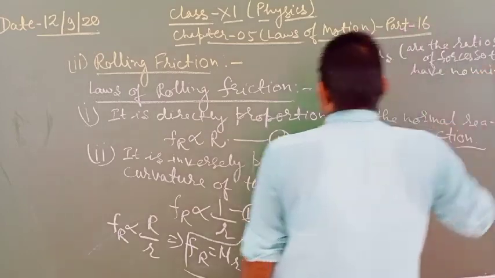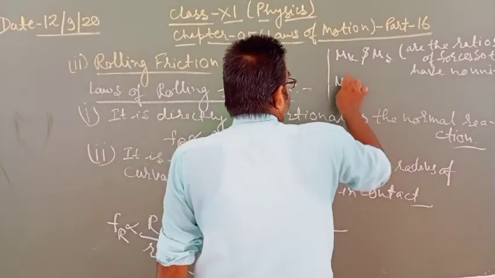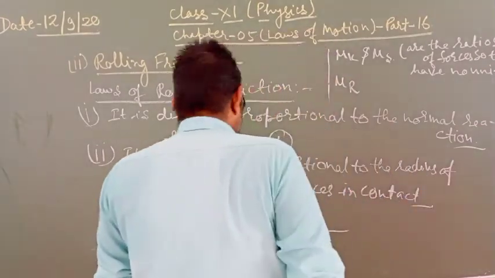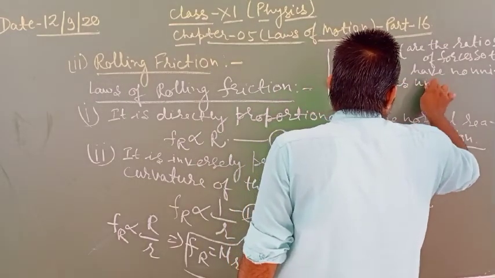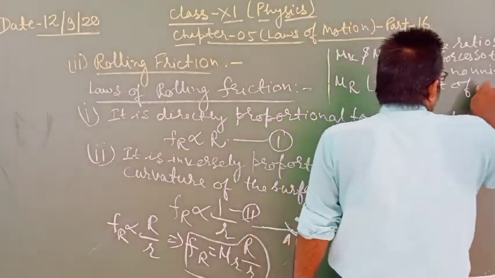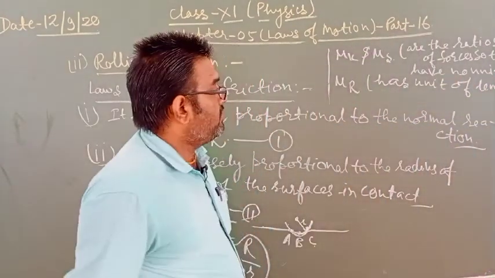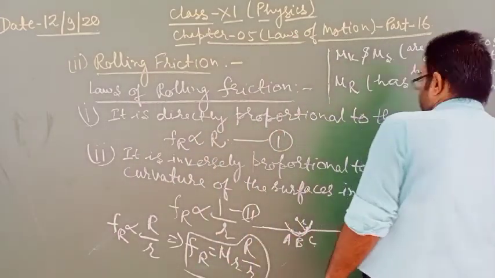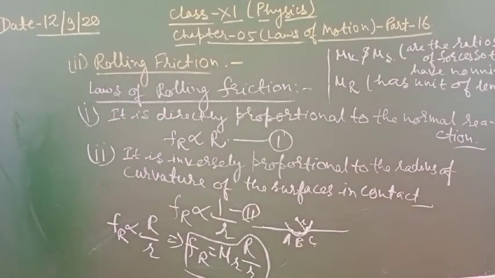But mu r has the unit of length, as it depends on the radius of curvature. So it has the unit of length. Dear students, this is the coefficient of rolling friction we have calculated and discussed.